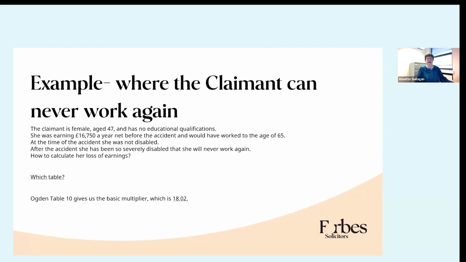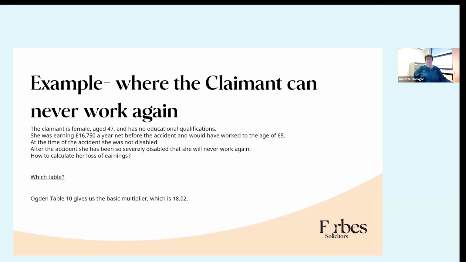So you'd use table 10 for this particular claimant, which gives a basic, and all these examples are using a minus 0.25% discount rate, which obviously might not apply again in the coming weeks. So it just sets out how you would calculate it.